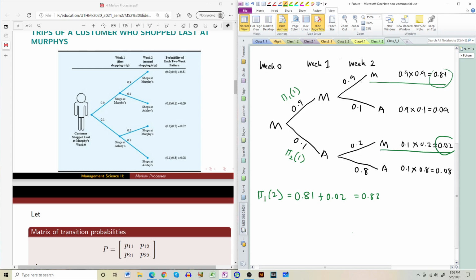It is 0.83. What is the probability a customer will end up at Ashley's in week 2? 0.09 plus 0.08. That would be 0.17. That is the answer if the question asks.